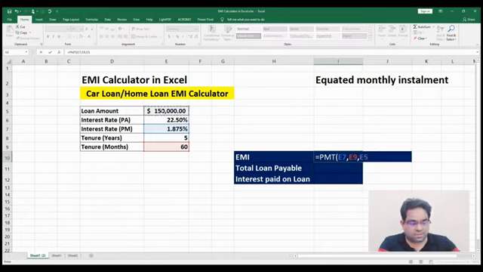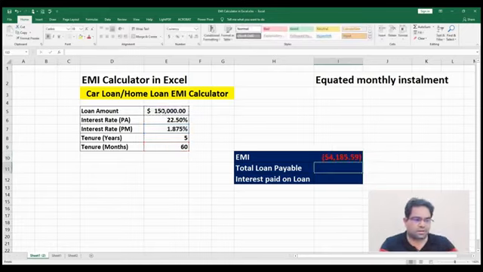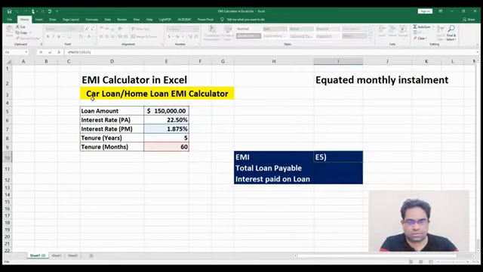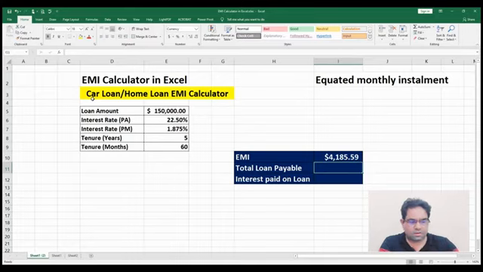This is the 150,000, and close the bracket. Now you can see every month we have to pay $4,185.59.